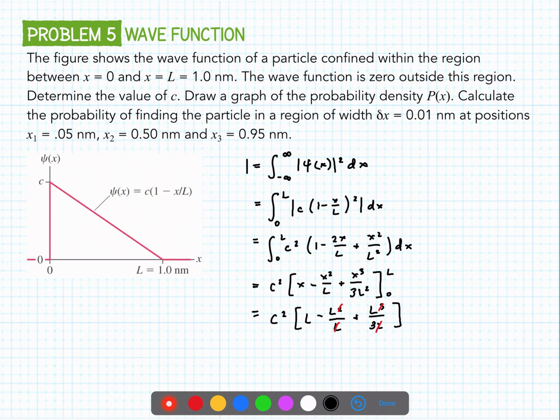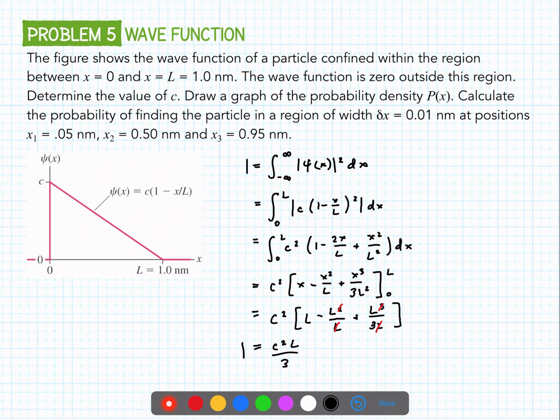That gives us, when we add up these fractions, 1 minus 1 plus 1/3 L. So you get c squared times L over 3.